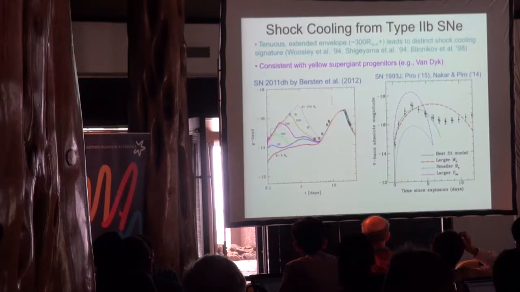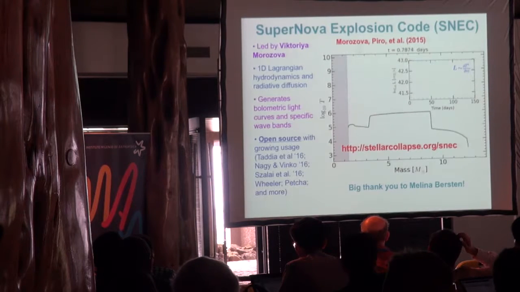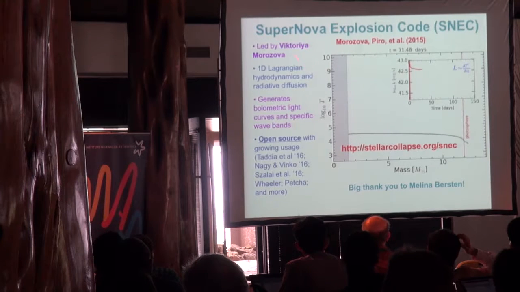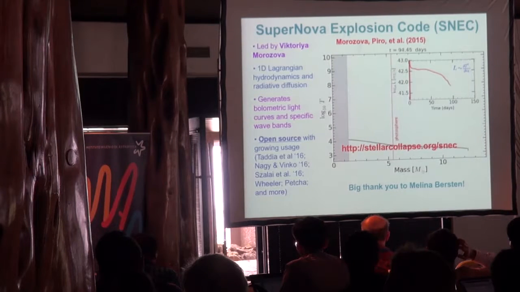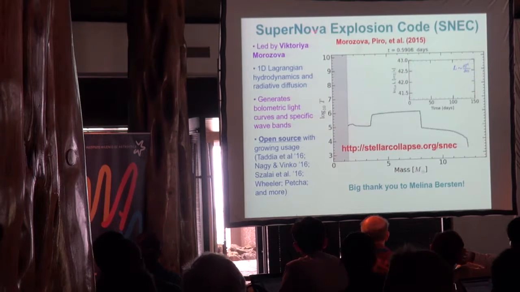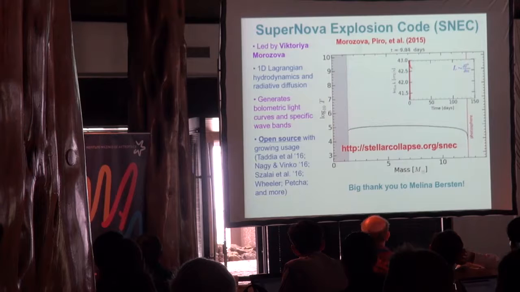Okay. So where are we going forward from this now? I've been in collaboration with Victoria Morozova. This is work she's mainly been leading. She was a postdoc at Caltech, and now she's moving on to Princeton in the fall as a postdoc. She developed an open source code for doing supernova explosions and producing light curves. This is the SuperNova Explosion Code, or SNEC.